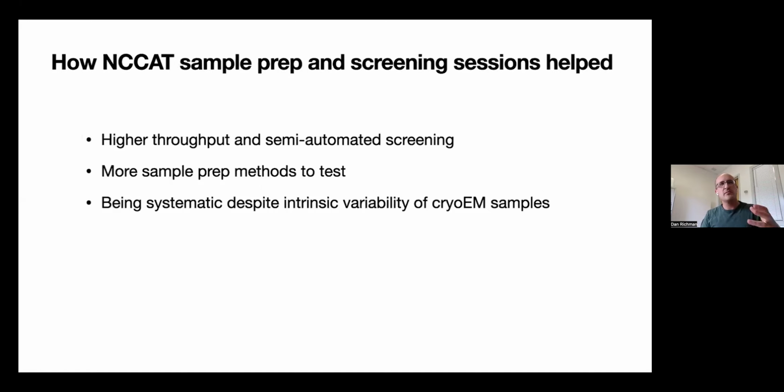So why was some of this different from the testing I'd been doing at home? The major reason that emerged that I realized was not just that it was high throughput, but that it was a different approach to being systematic in cryo-EM than I had been doing. I think a good lesson in cryo-EM is, of course, to try a lot of different things. And you don't necessarily know going into your project what will work for your system.